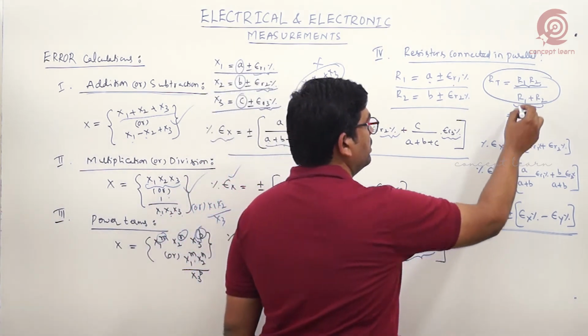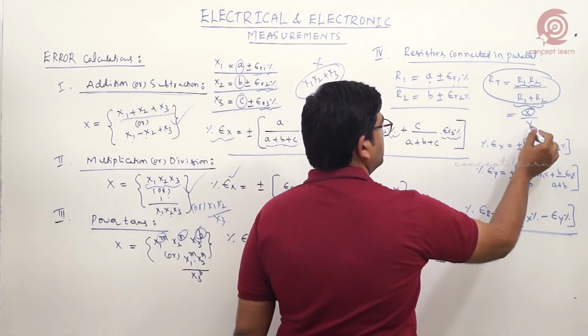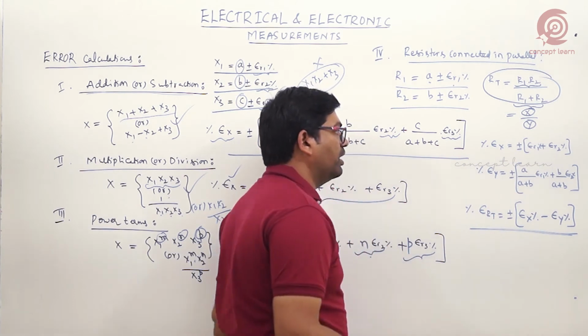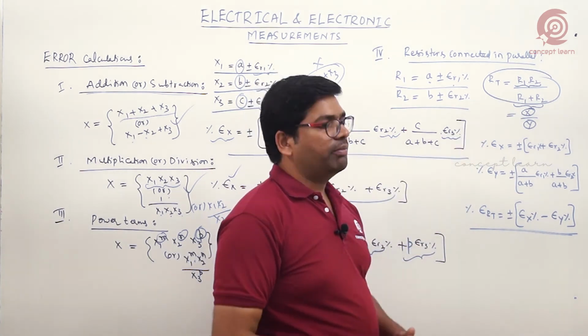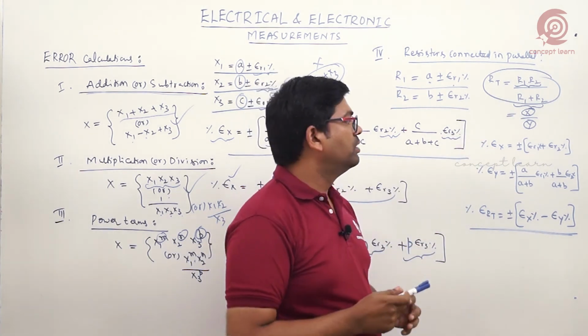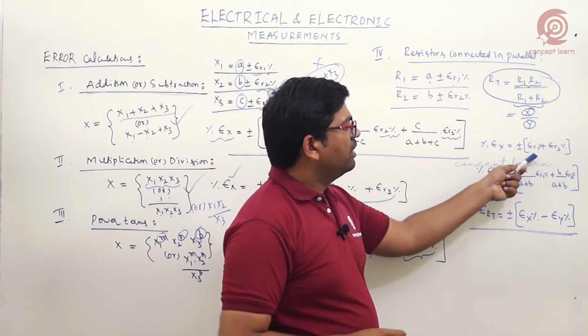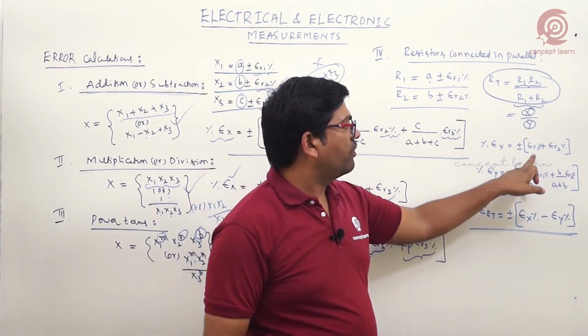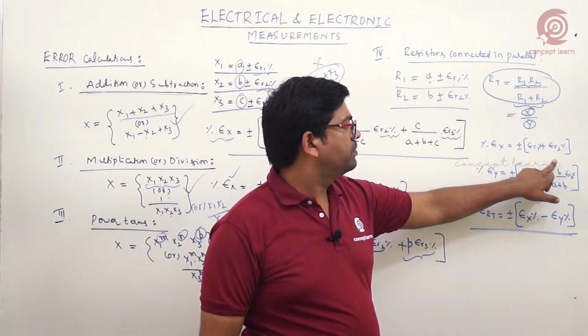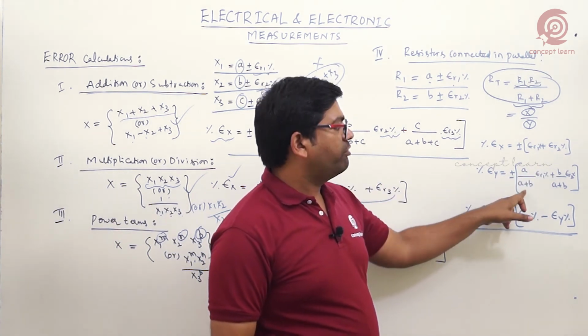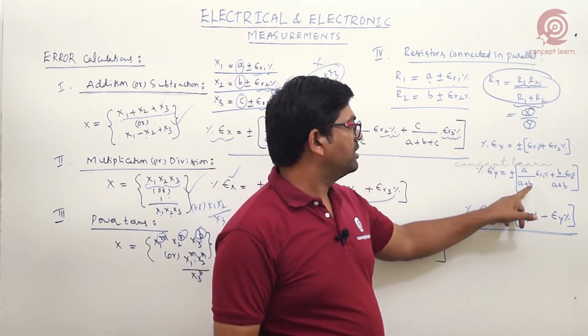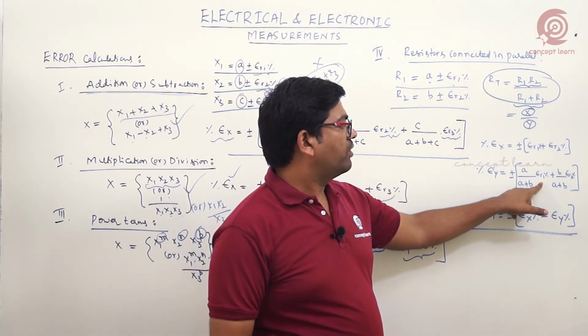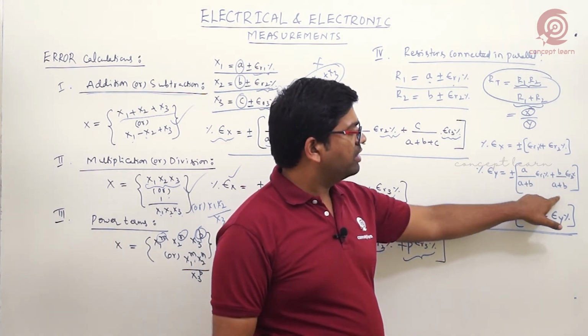So I am assuming the numerator is one function x, the denominator is another function y. When multiplication is there, what we do? Multiplication means directly we add the errors like epsilon R1 plus epsilon R2. When addition is there, we follow that earlier relation: A by A plus B into epsilon R1 plus B by A plus B into epsilon R2.